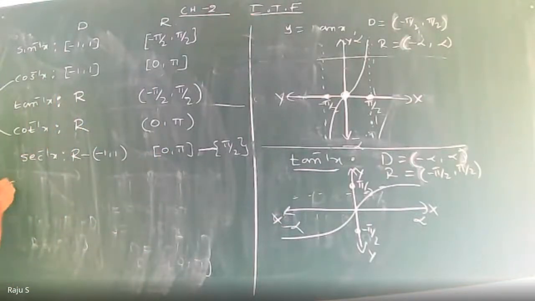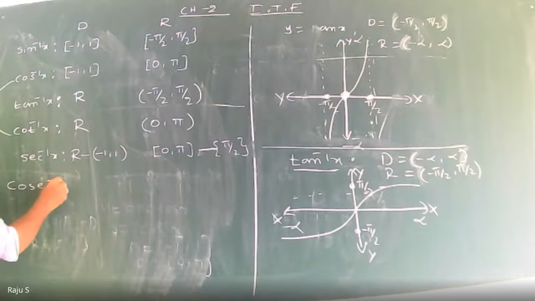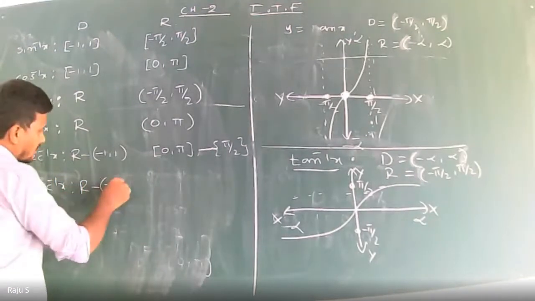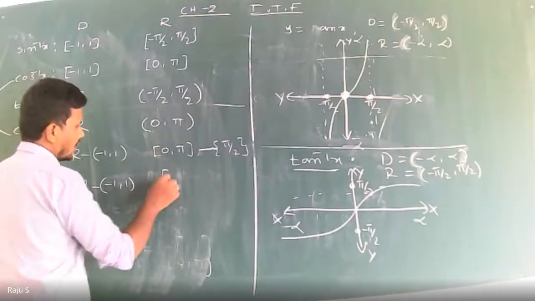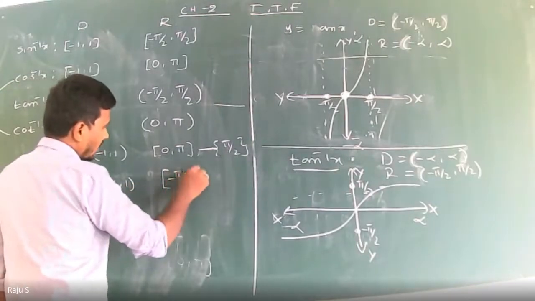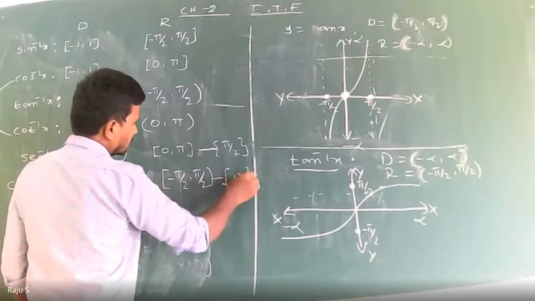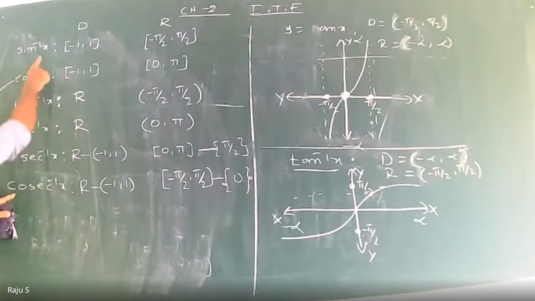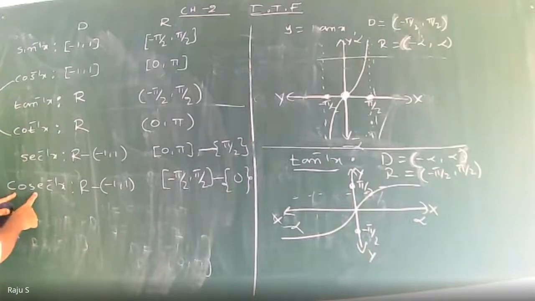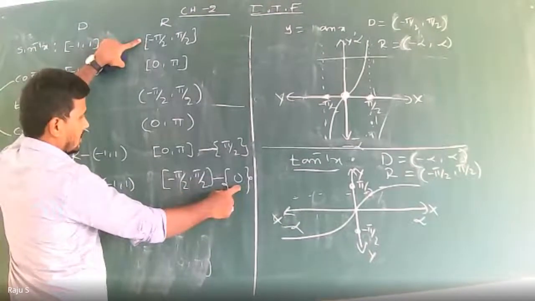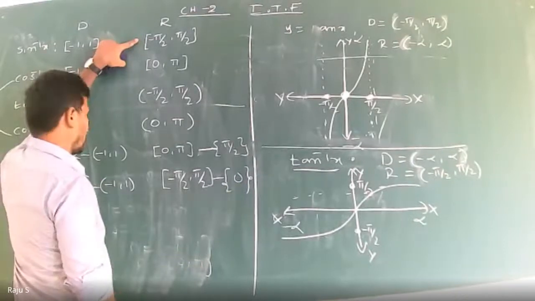Then cosecant inverse of x has the domain minus 1 comma 1 as well. Here the range is the closed interval minus 90 to 90 other than 0. Sine and its reciprocal cosecant will be the same, closed, but other than 0, because cosecant 0 is undefined.